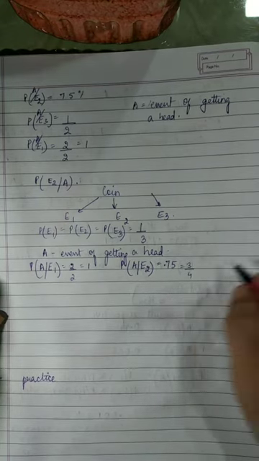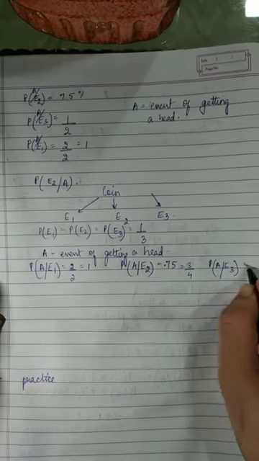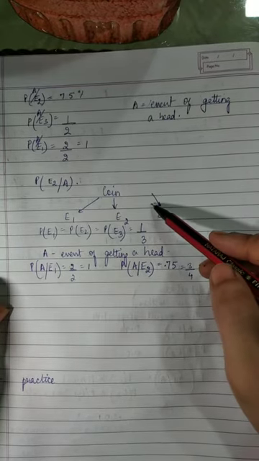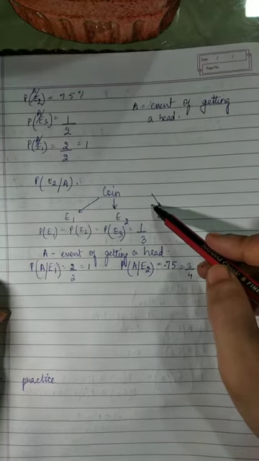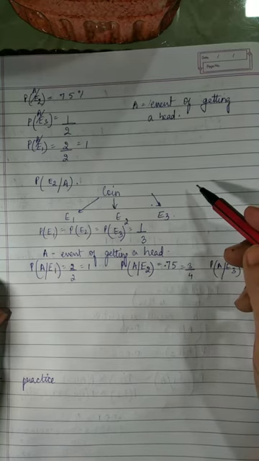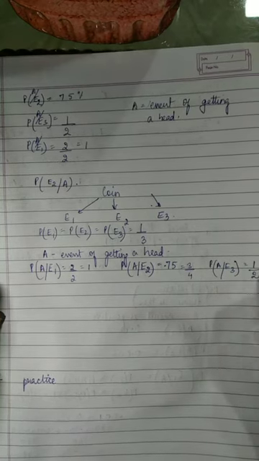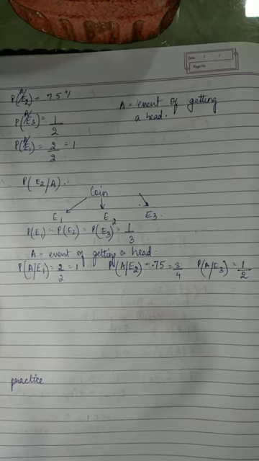And probability of getting a head given that I choose the third coin, which is a normal, unbiased coin, so it will show either a head or a tail, is 1 by 2.